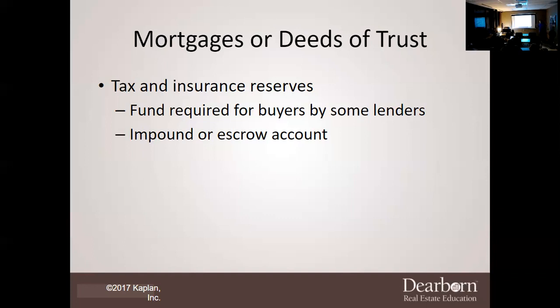Well, how often do you pay your taxes, Miss Linda? Once a year. So can you pay those monthly? No. They have to be set aside in an escrow account. Why don't they just let you have it, Miss Nobles? Why don't they say, you just pay your taxes once a year to us? Well, let's be real.